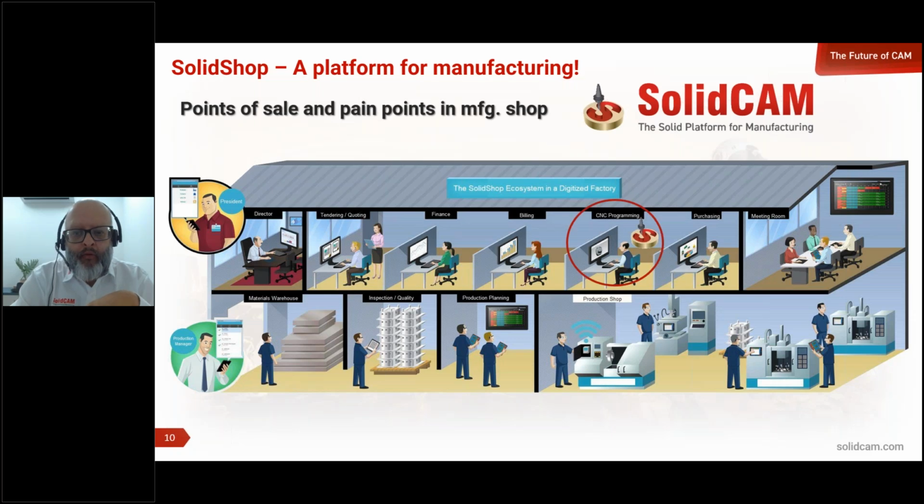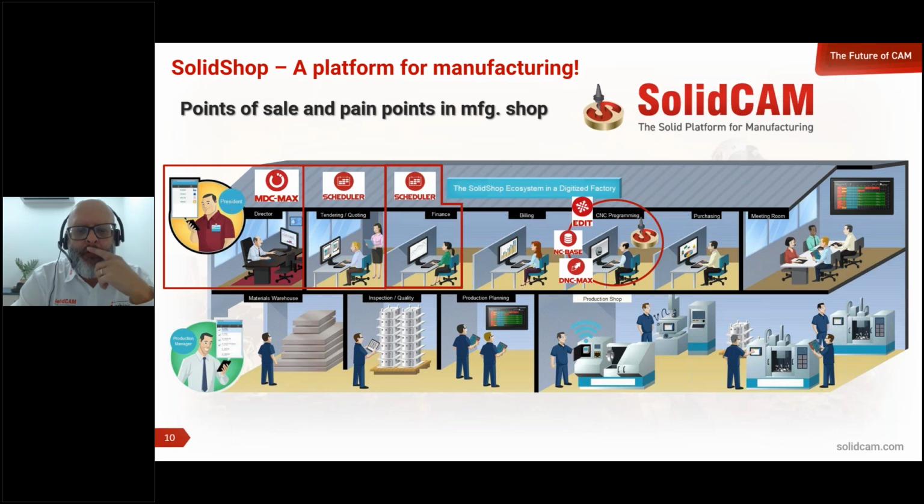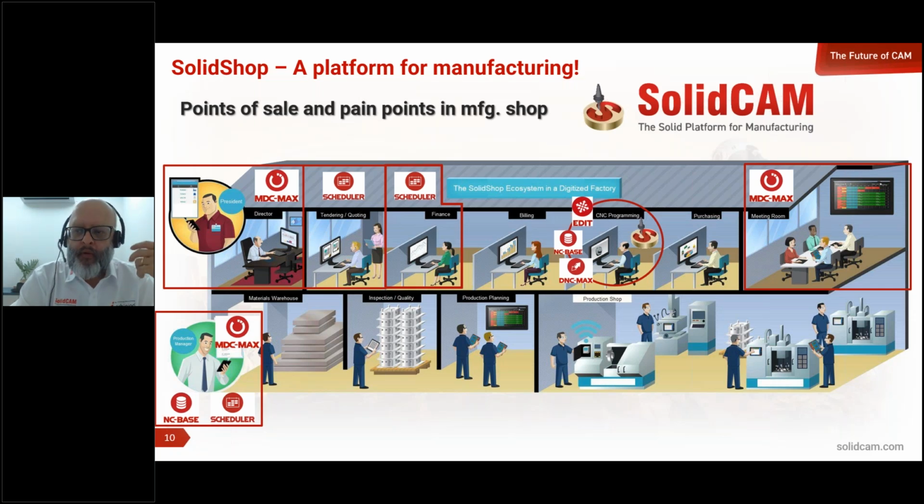Okay, so CNC programming, management, tendering, quoting, finance department benefits from the data, the execution times we're monitoring and all that, meeting rooms with dashboards, production management can have access to documents in the shop floor, eliminate paper, strengthen the company for ISO 9001 audits, and AS9100 as well.